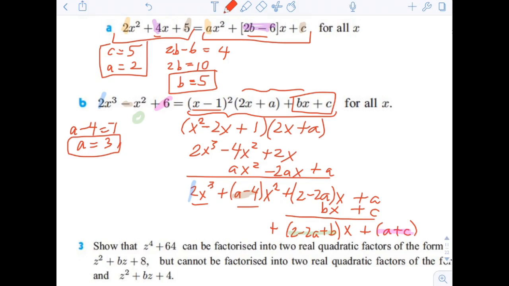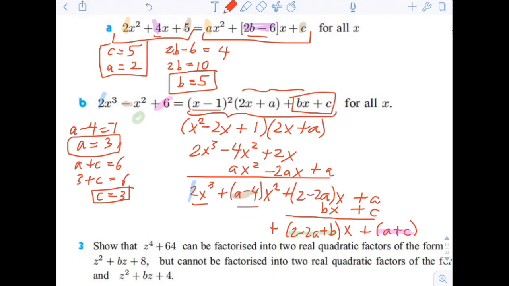Okay? And a plus c is equal to 6. But we know that a equals 3. So c is equal to 3 also. And now we can solve for b also because we know a.